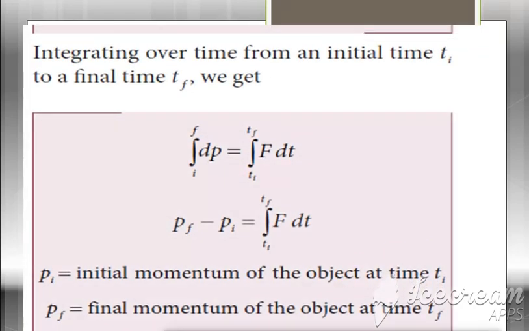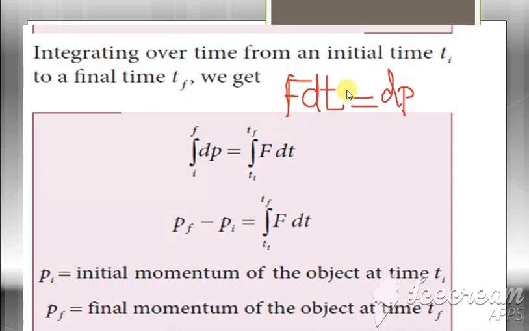When you take the integral, the first equation we have is F into dt is equal to dp, is it not? So when you take integration on both sides, we get integration of dp is equal to integration of F into dt. Now apply the limits.